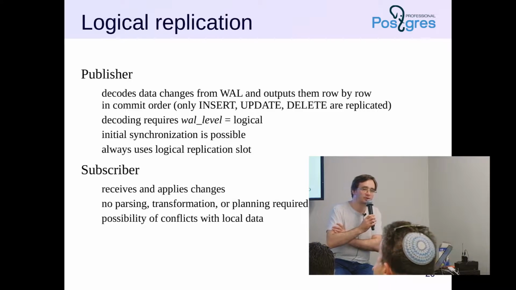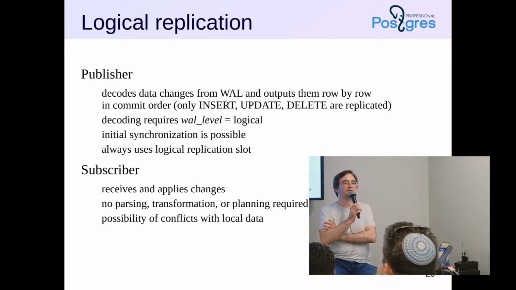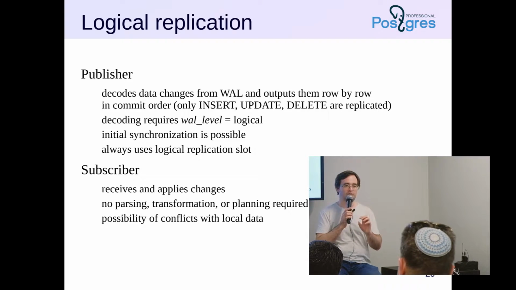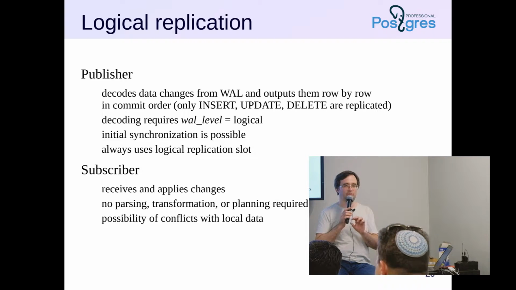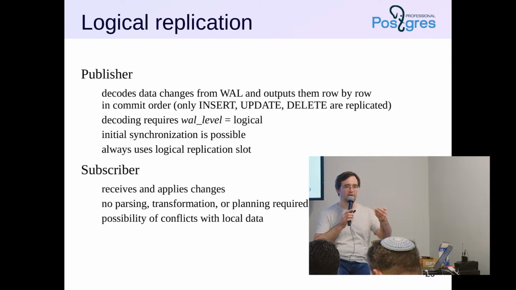In the case of logical replication, we replicate not all records but changed data rows. For example, if you update some row in a table, the changed row will be sent to the subscriber over the replication protocol.